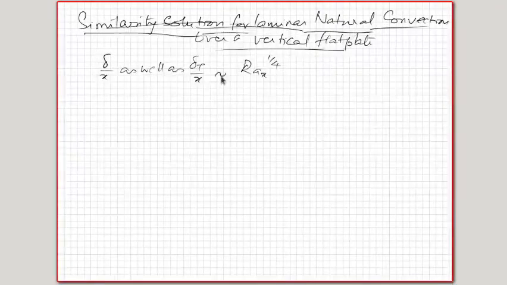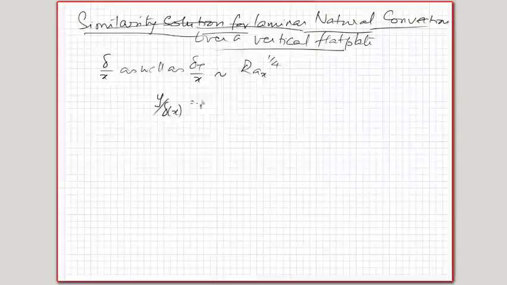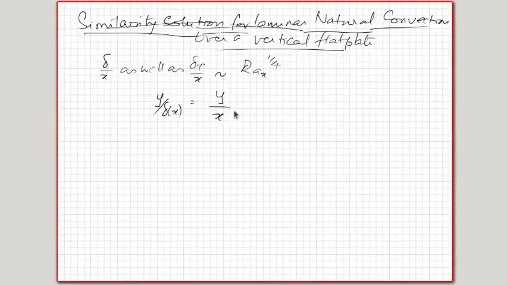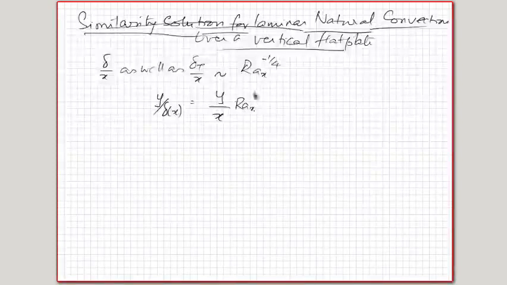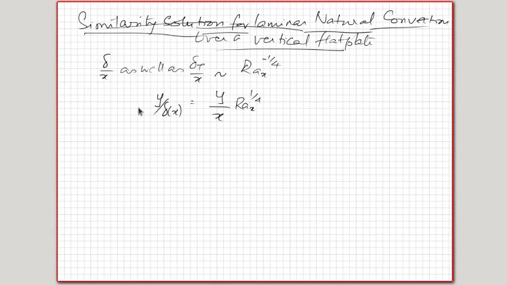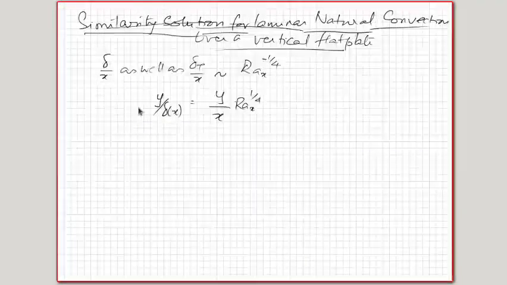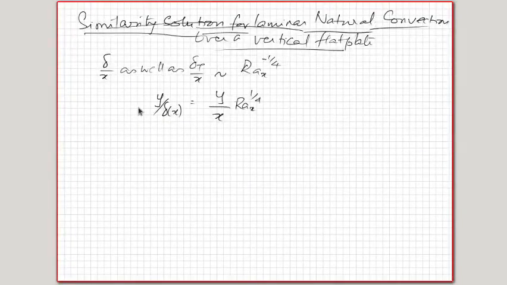So if I would like to write y by delta of x, this would be y by x into, so this goes as Rax to the power of minus 1 by 4, sorry. So y by x times Rax to the power of 1 by 4 will be the non-dimensional variable.